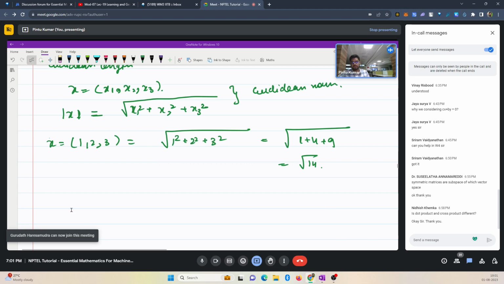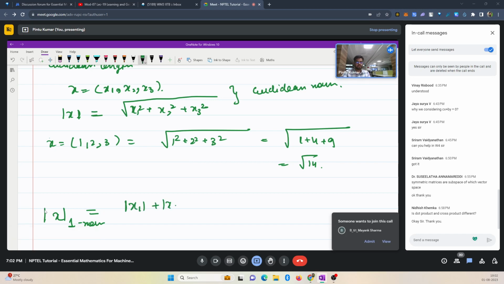You can also have something called the one norm. The one norm of x is given by modulus of x1 plus modulus of x2 plus modulus of x3, so you want the absolute values.